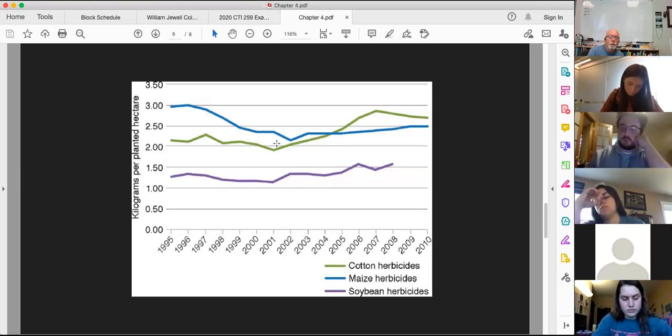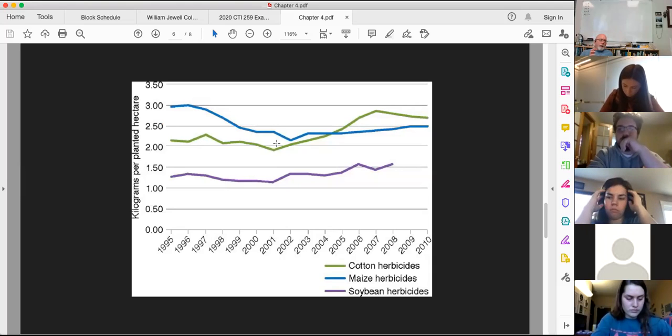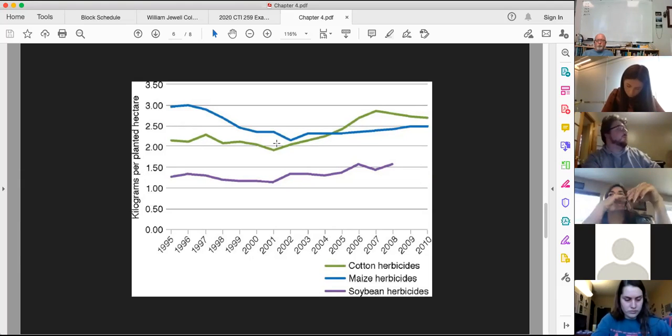How does herbicide resistance as a genetically engineered trait work in these crops? It kills the weeds, but the crops are good without it. It doesn't kill the crops. So when you have a genetically engineered herbicide resistant crop, it allows you to spray herbicide on your crop and it will kill the weeds, presumably, and it won't kill your crop.